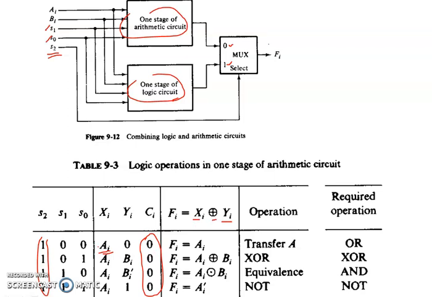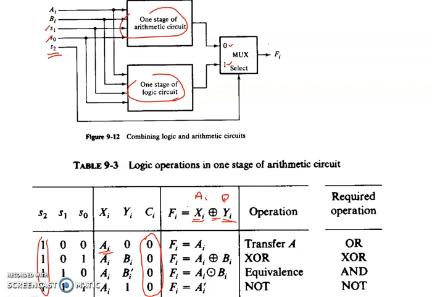The input taken is xi equal to ai and yi equal to 0.